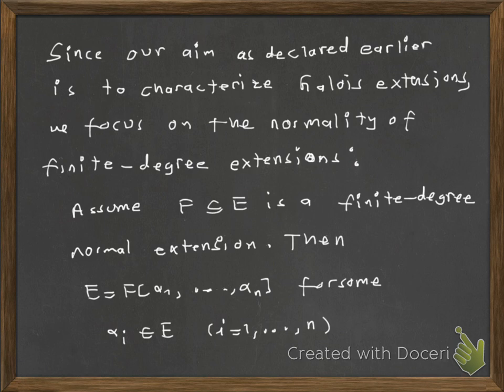Once again, the current question is when a finite degree extension is Galois. So you take a finite degree extension, and assume that it is normal. Since it's finite degree, E is obtained by extending F by a finite number of elements in E, say alpha 1 through alpha n.